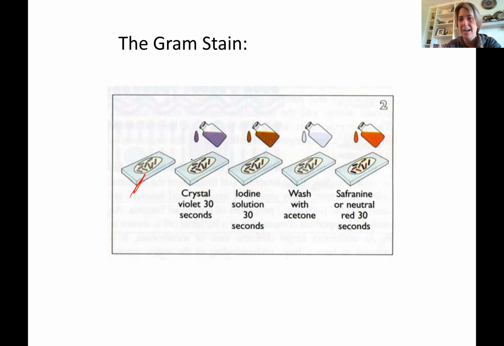Okay, so the gram stain is you put the bacteria on a little plate, and then you do the stain. I'm hoping you guys learned this in biology, but you stain with crystal violet, which is purple. Then you wash with iodine for 30 seconds. Iodine is going to be a little pinkish color, and then you are going to wash with acetone to remove all stain that hasn't stained, and then you're going to put safranine, and that's going to stain the gram-negative bacteria.